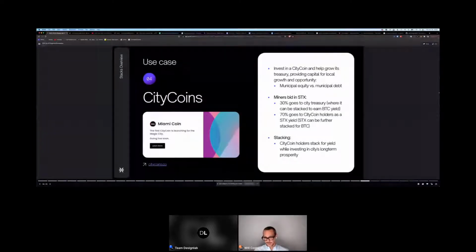For instance, all of a sudden now the city of Miami has a treasury of totally tax-free money, or sorry, money that did not come from taxpayers. It was just a byproduct of this experiment, and their wallet is at like $30 million right now, and it's just earning more Bitcoin. You can imagine in the future that might be worth a substantial amount of money.